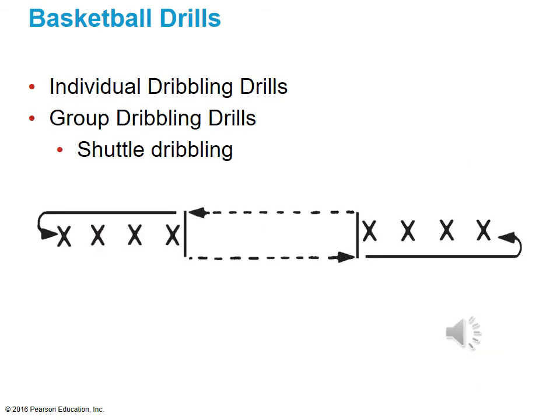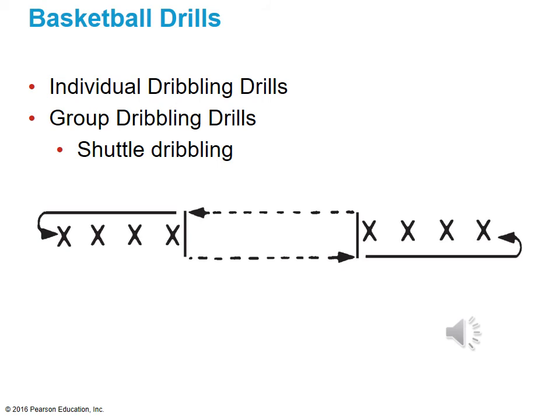You have individual dribbling drills listed for you, all different kinds of dribbling drills on pages 620 to 621. Then you have group dribbling drills. Here's this shuttle formation dribbling drill. You only need 2 balls, and you have 8 students right here. The first student is dribbling towards the other line, and then getting in the back of that line.